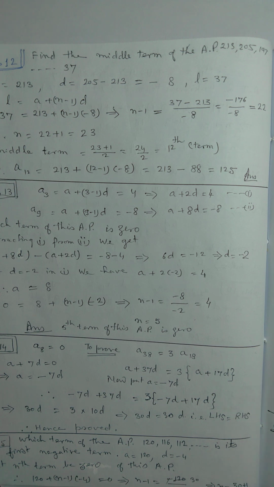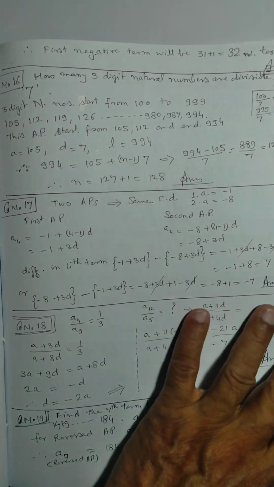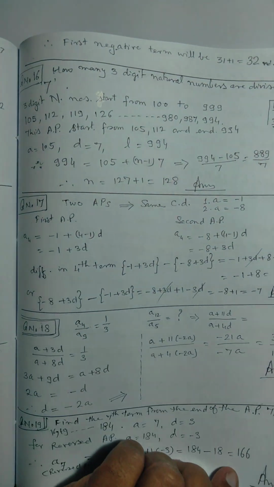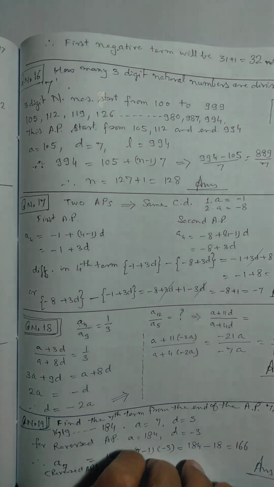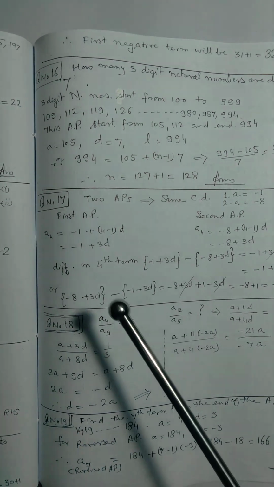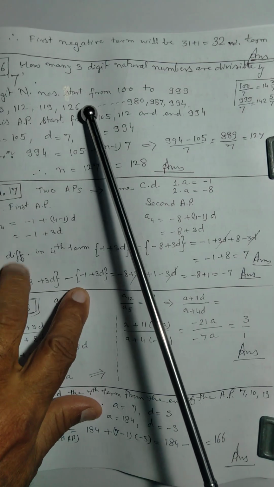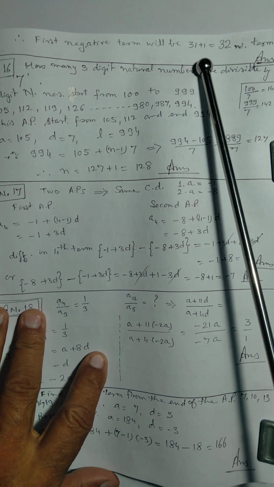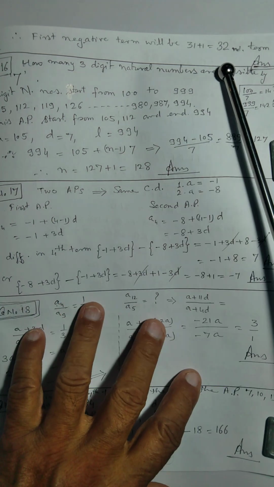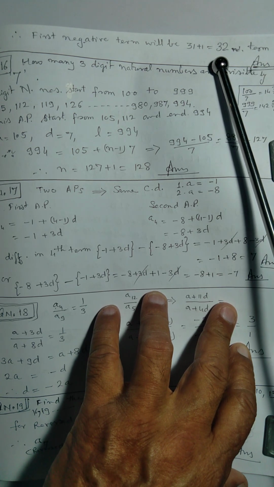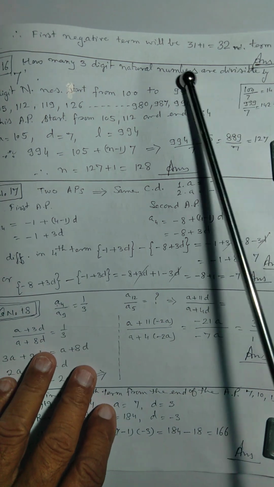So the first negative term will be 31 plus 1, that is the 32nd term. The 32nd term will be the first negative term.